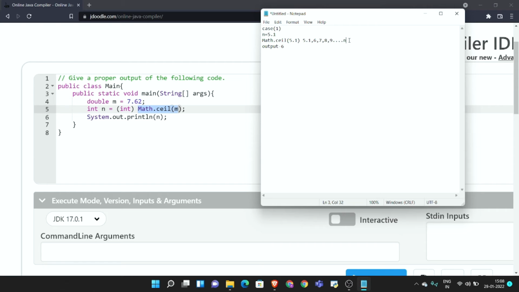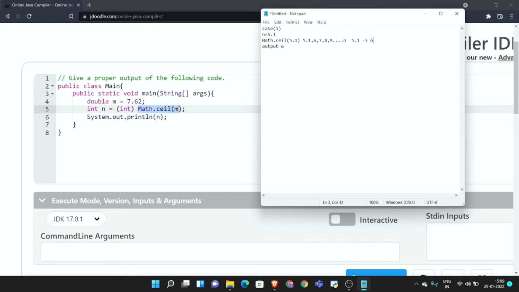So in easy language, I have assumed the number 5.1, right? If I write the command like this, it would take the integer which comes after this number. So what integer are we going to get after this number? That is 6, right?